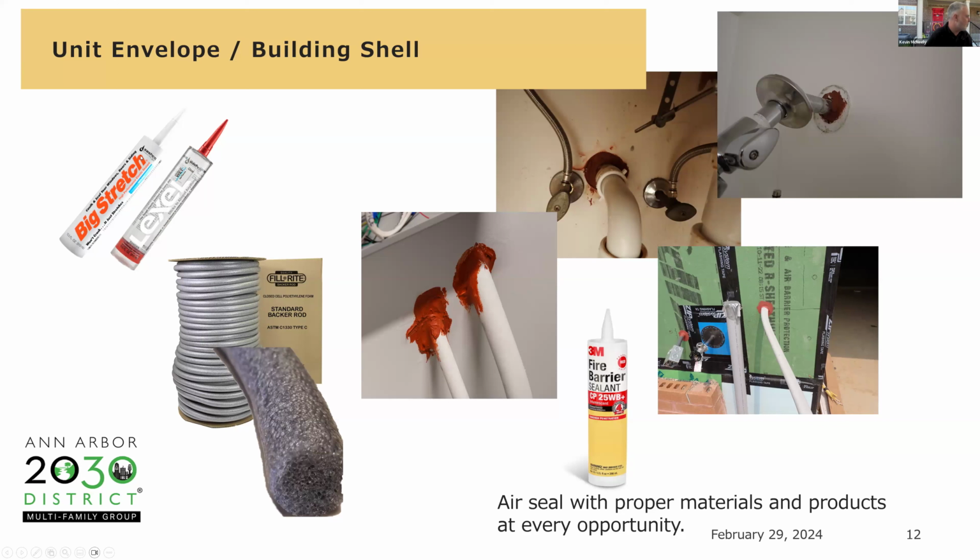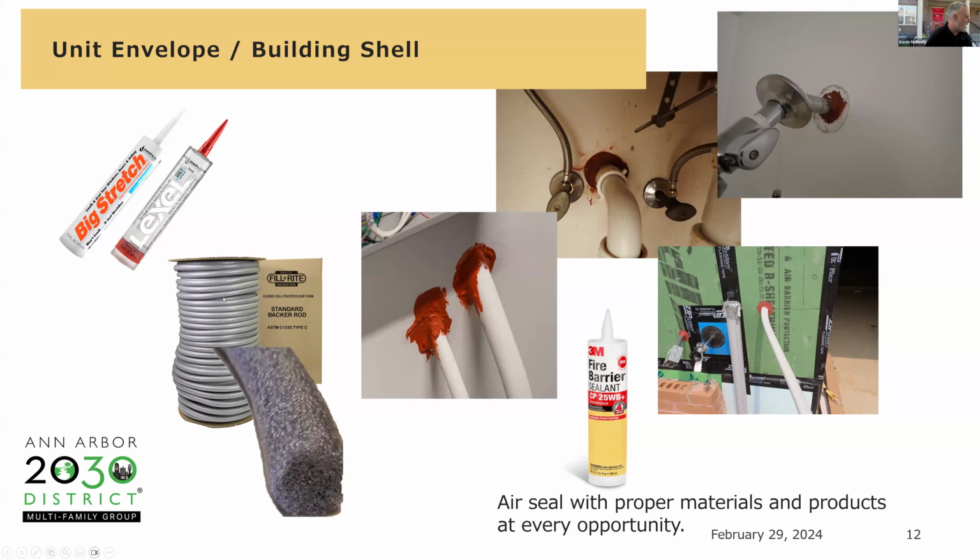So this is for windows and doors, but make sure it's interior. Obviously if you're using it inside, make sure it's approved for interior use. Like this Lexel over here has a very high VOC, and it's going to smell for quite a while. And then make sure it's approved for use outdoors if you're using it out there.